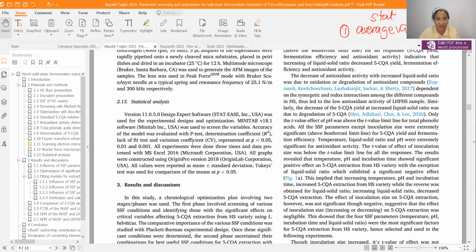They said all experiments were done 3 times. Data processed with Microsoft Excel. All values were reported as mean and standard deviation. So that means the statistic is the average value, and number 2, the standard deviation.